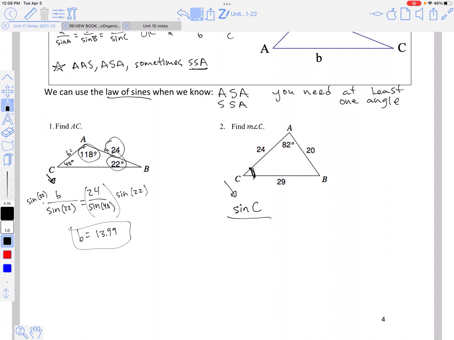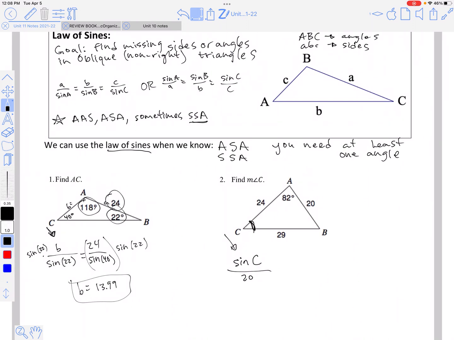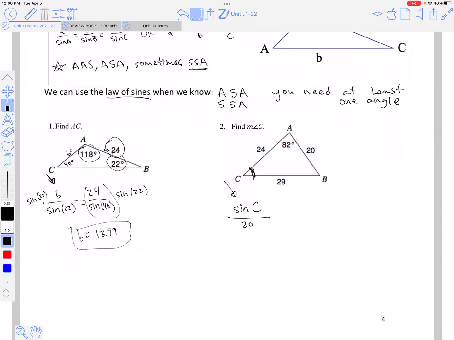You can do it other ways, but it helps me know where to begin and where to go. So sine C has to have little c on the bottom, and this will equal, the only angle I have is A, so sine of 82 over little a, which is 29, the length of A.